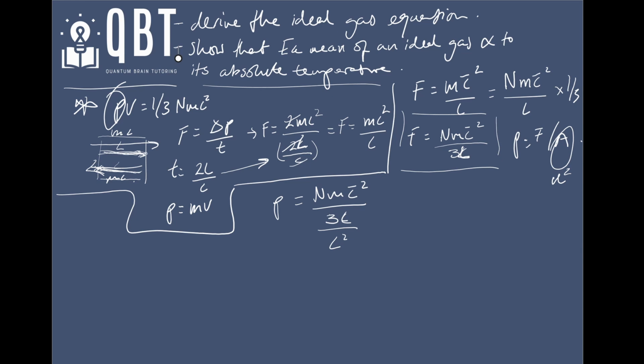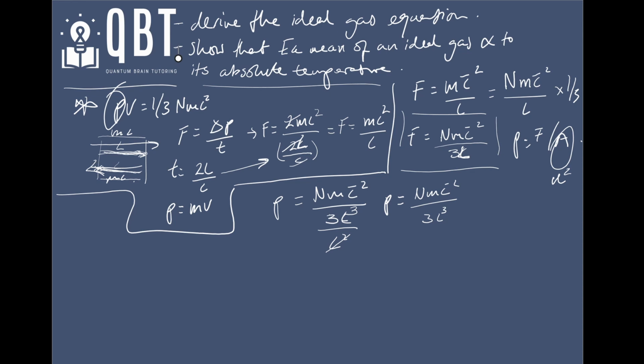And then we simply divide through by L squared, giving L cubed, and we end up with P is equal to N m c_rms squared divided by 3L cubed.